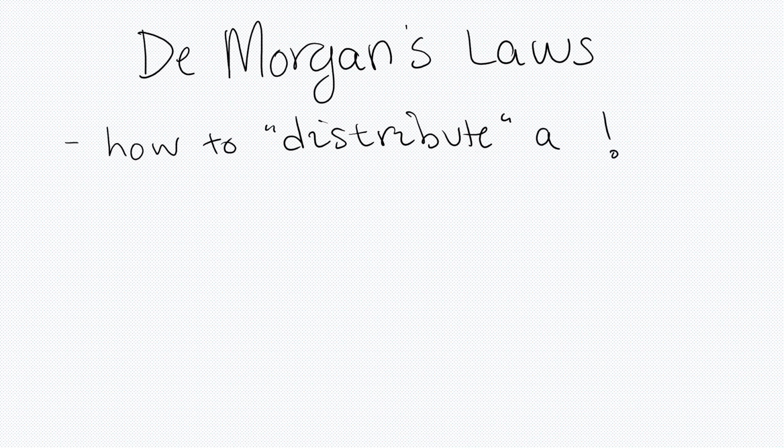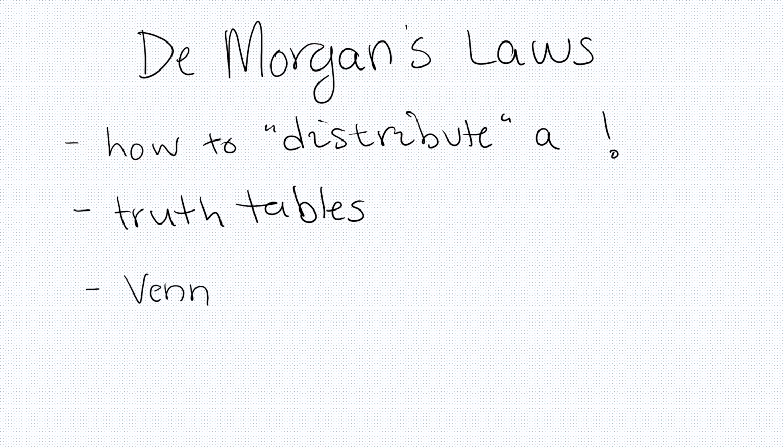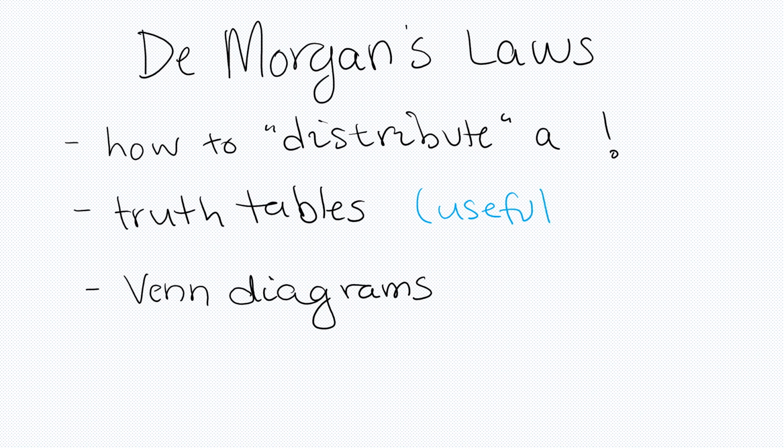And you can convince yourself that it's true via truth tables, especially if you can't remember what they are. And you can also convince yourself using Venn diagrams. I would maybe suggest that you can actually use truth tables as an exam technique or a homework technique over and over again because they're pretty quick to write out.